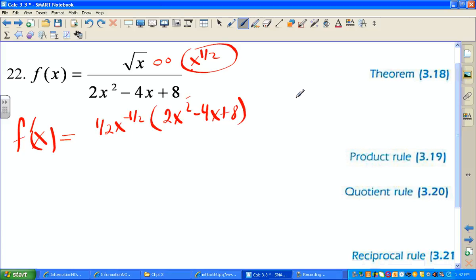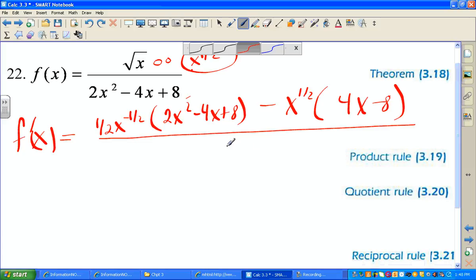Your algebra will become so much stronger it's not even funny. It has to, or you won't be able to get through the problems. For instance, then you take minus x to the 1/2 times 4x minus 8, all over minus 4. I was already looking at something else, sorry. Minus 4. And you can take 2x squared minus 4x plus 8, all squared.